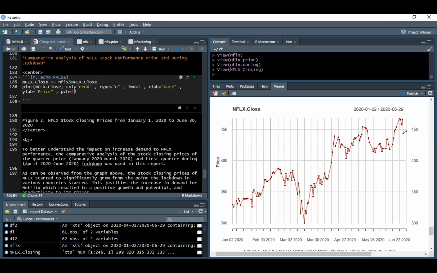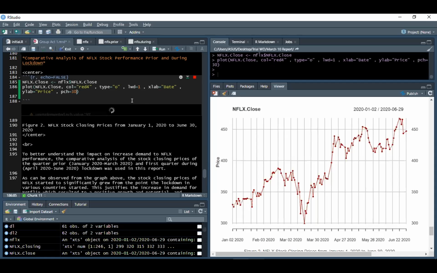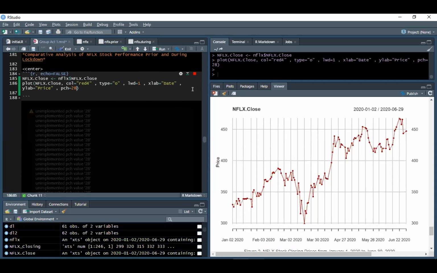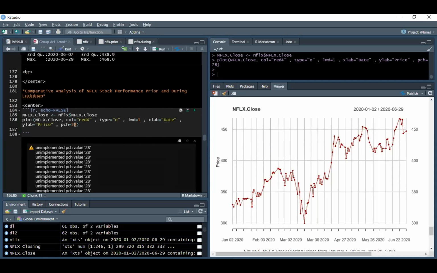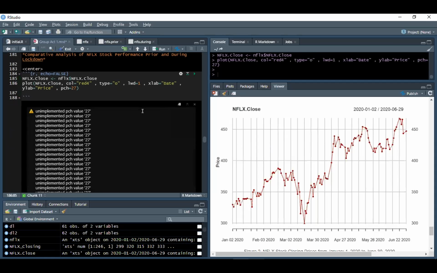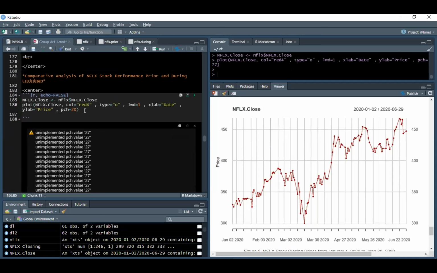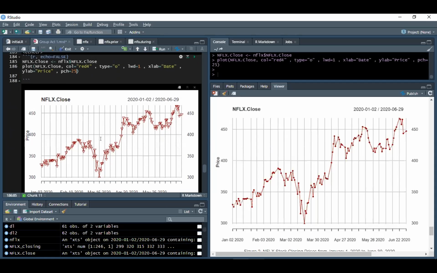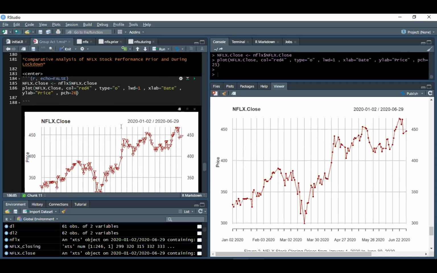We can actually try it. Wait, I know I placed it at 30. See? Look, 28. I'm not sure up to how many plot characters there are. 27 maybe, let's see. Still nothing, right? Maybe it was 25 earlier. It ran at 25. Okay, 25 is still possible. 26, so we know.